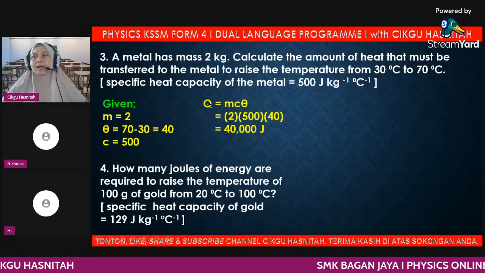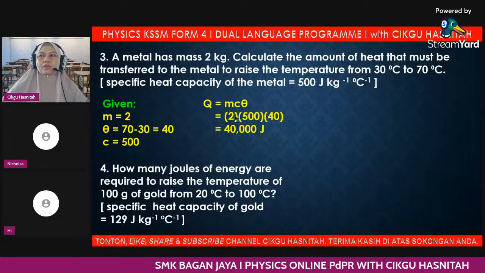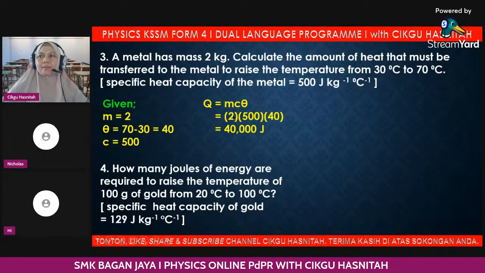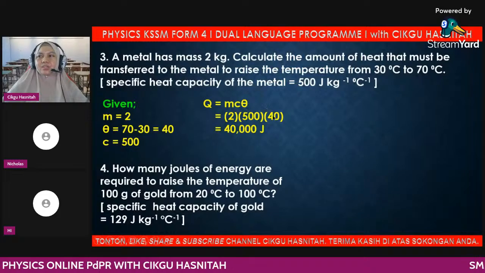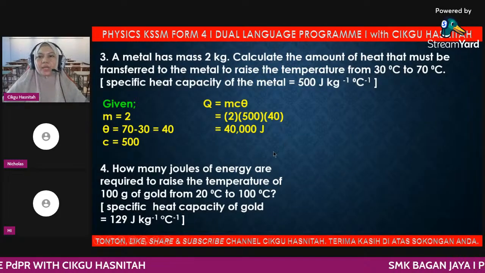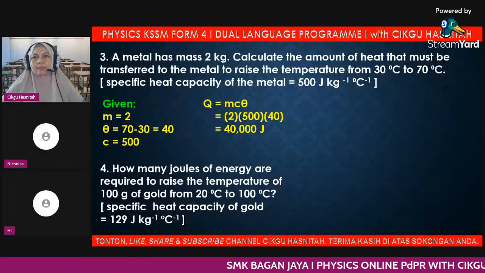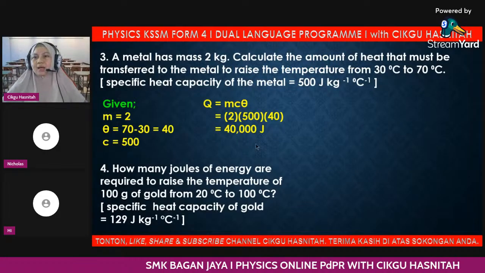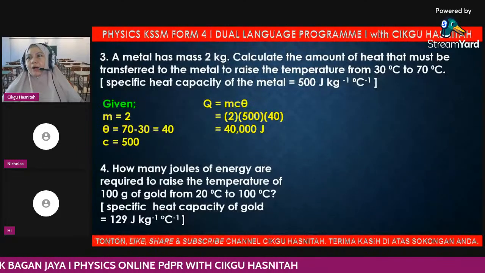So we apply Q equals mc delta theta. You do the substitution: m is 2, c is 500, delta theta or temperature change is 40. So it will give us 40,000 joule.